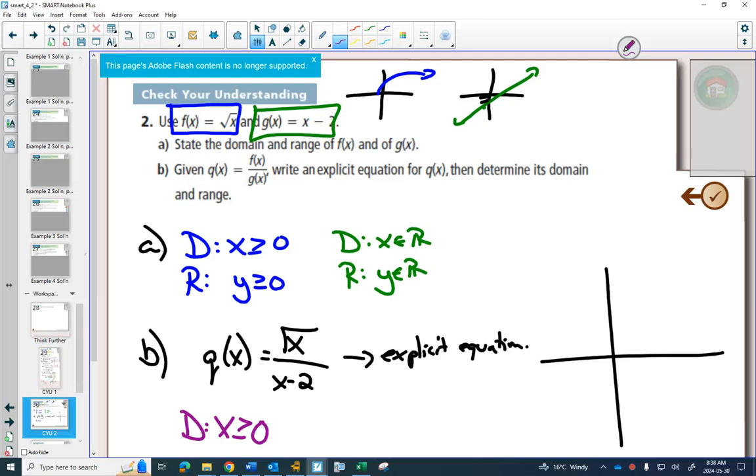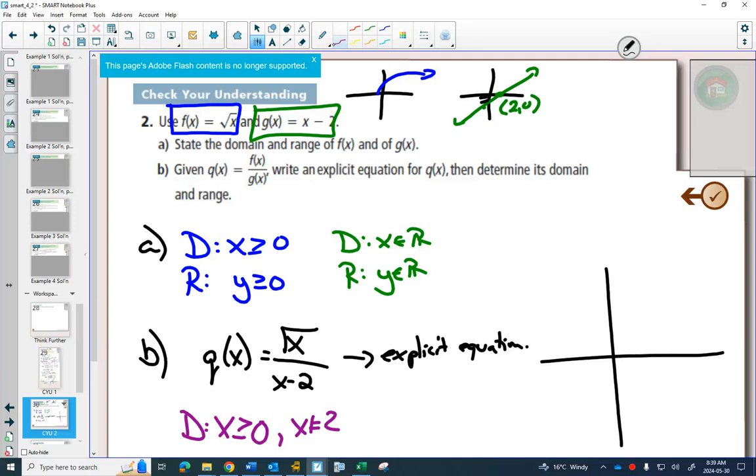Because you can't divide two things if one doesn't exist. But it's also going to have that x can't equal 2 because on our green graph, or even you can see it in the equation, that 2 is a non-permissible value. So we can't have x equals 2.